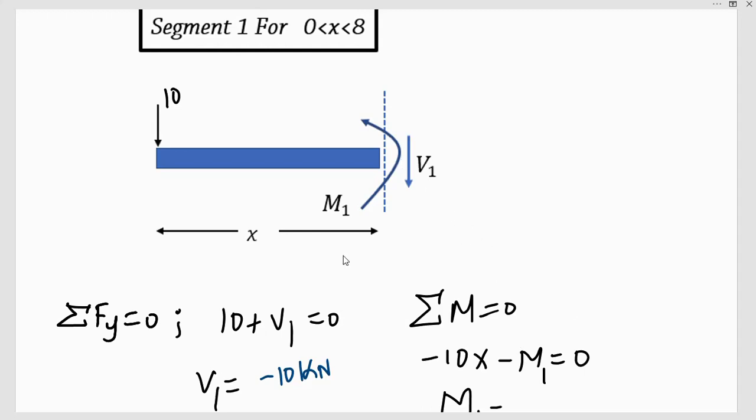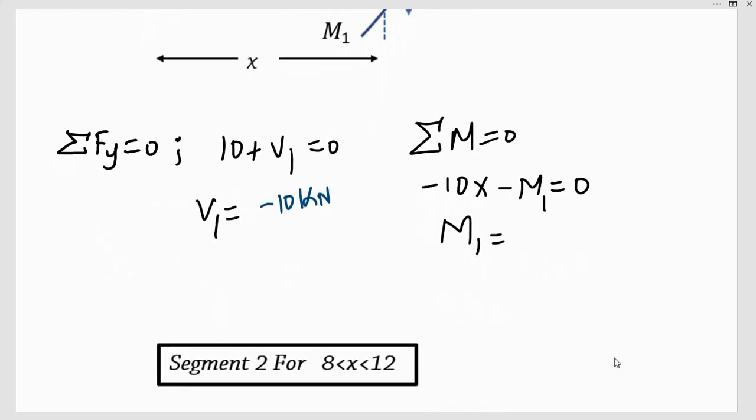We will have the 10, which is in an anti-clockwise direction, so it will be minus 10x, of course, at a distance x from the section, then minus M1, which is the bending moment at that point, also in an anti-clockwise direction. So M1 is going to equal negative 10x.